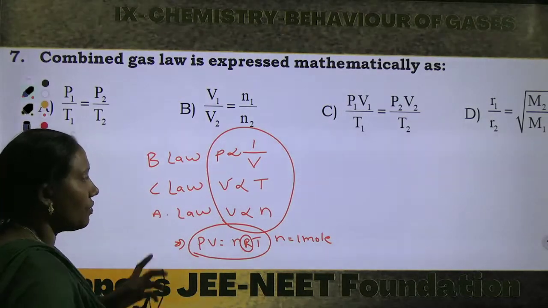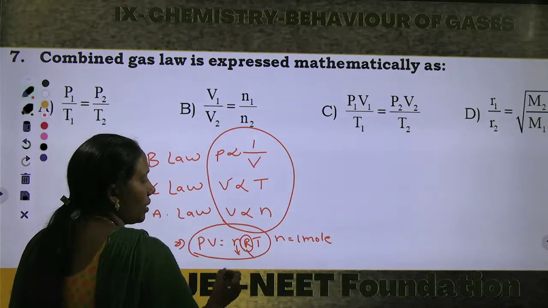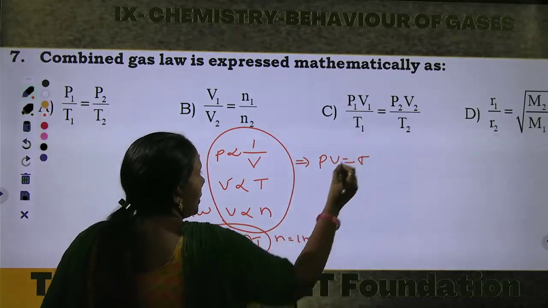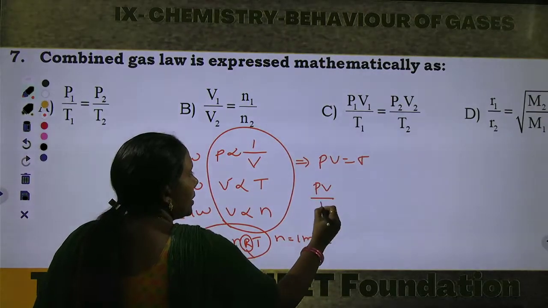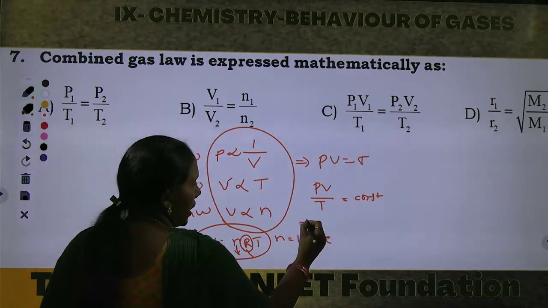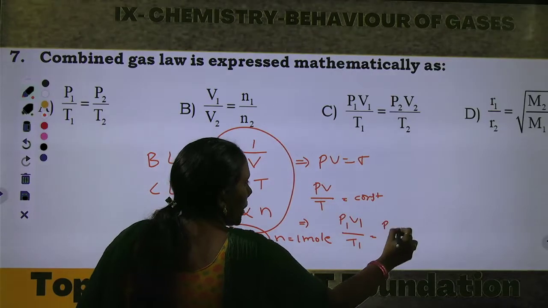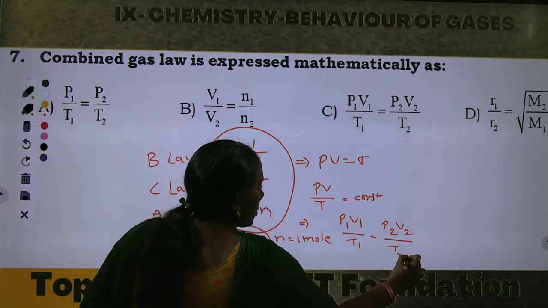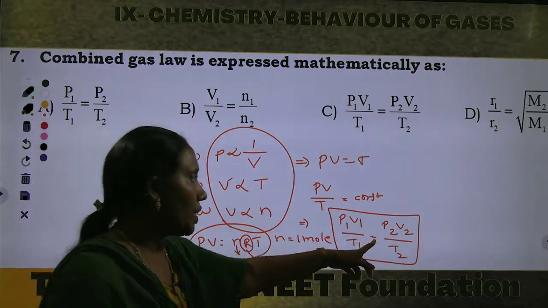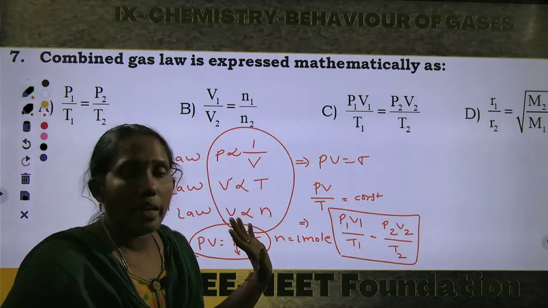If this is constant and n is 1 mole, then PV by T equals constant. Then for two different states, P1V1 by T1 equals P2V2 by T2. This is called the mathematical expression for the combined gas law.